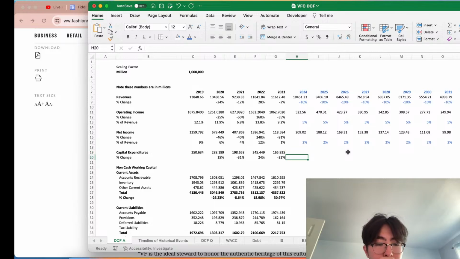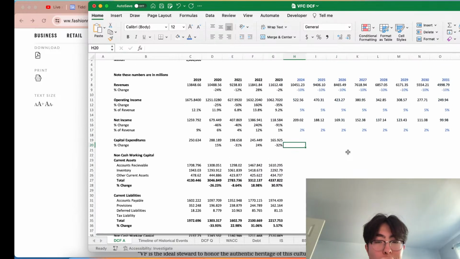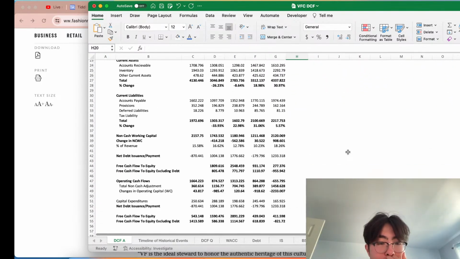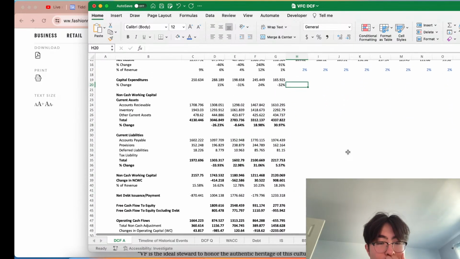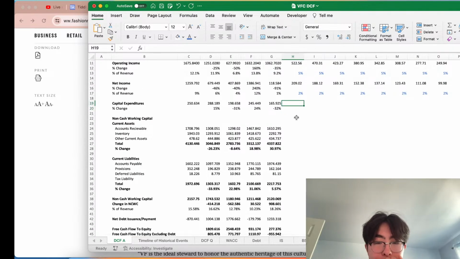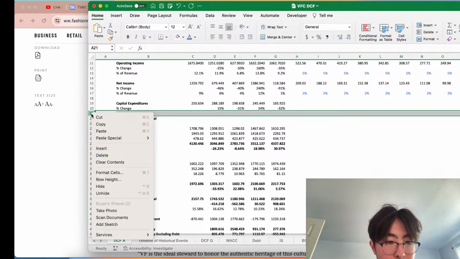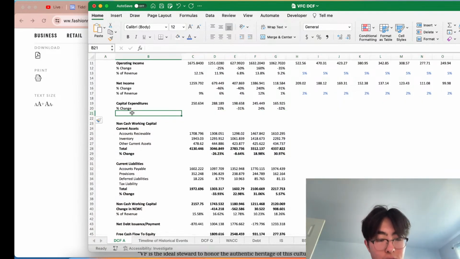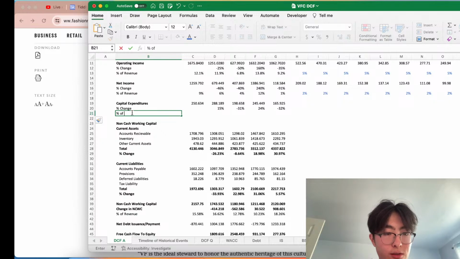Capital expenditures. Percent change, so let's take a look at this as a percent of revenue.